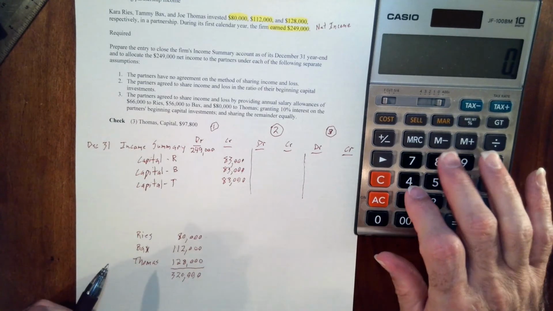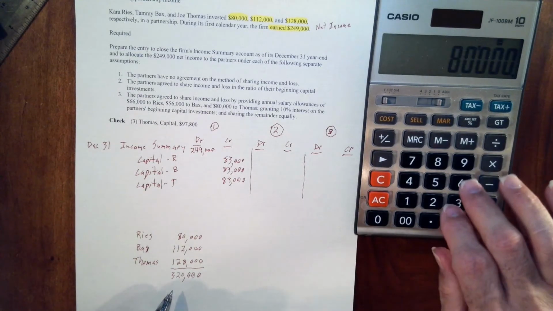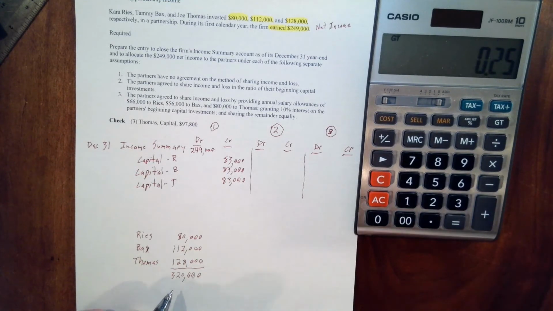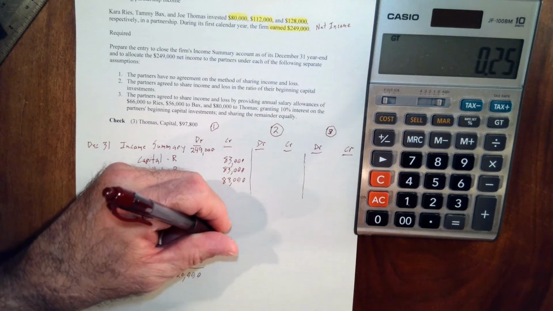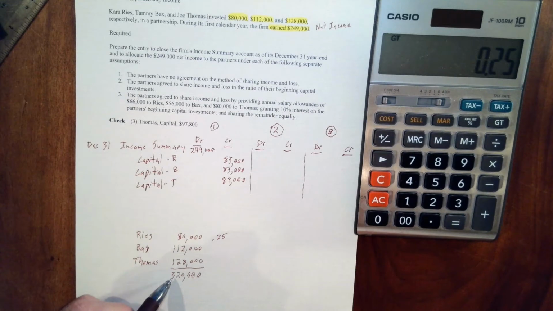So I take 80,000, divide that by 320,000, and that gives me 25%, or 0.25. So this is 1/4 of 320,000. Okay, and that makes sense.